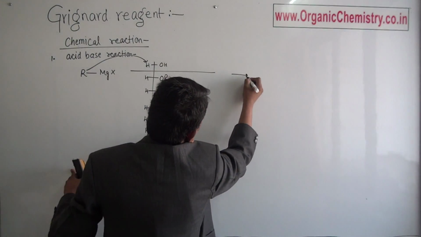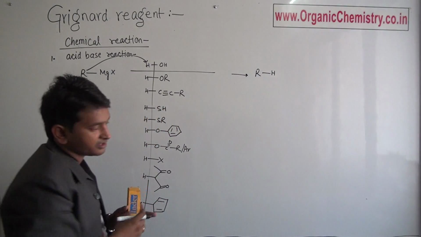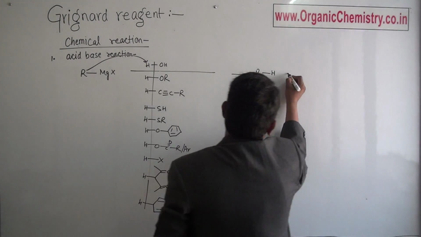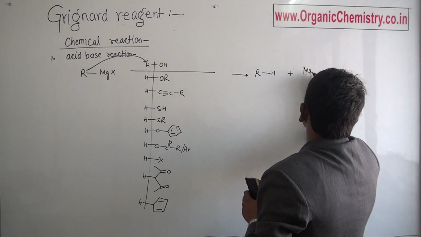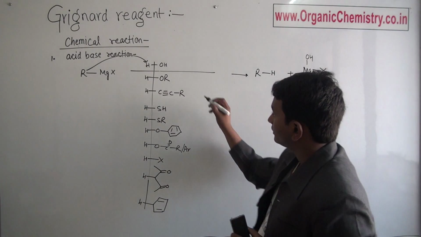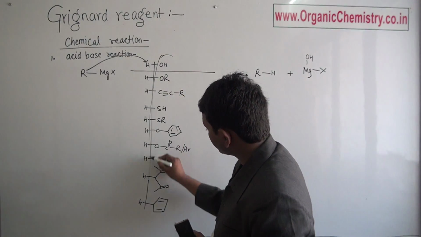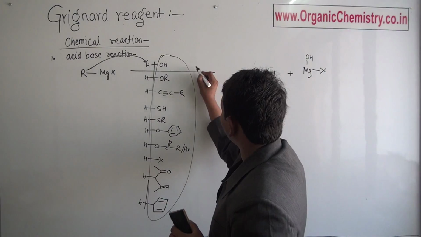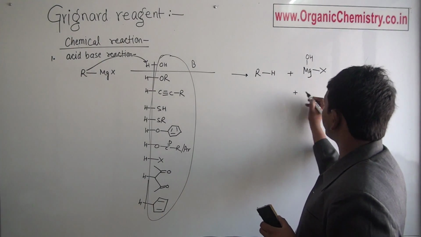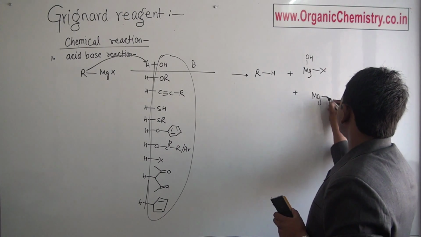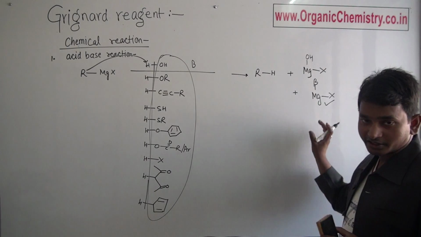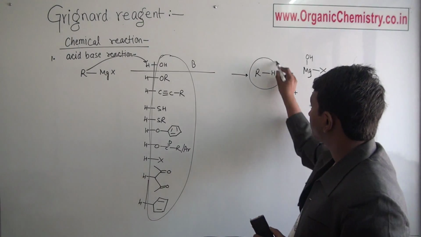and finally forms RH as a product, and this part attaches with this to give MgX and OH. Similarly, if we consider this part as B, so the remaining part is MgX and B. So this is the side product and this is the main product.